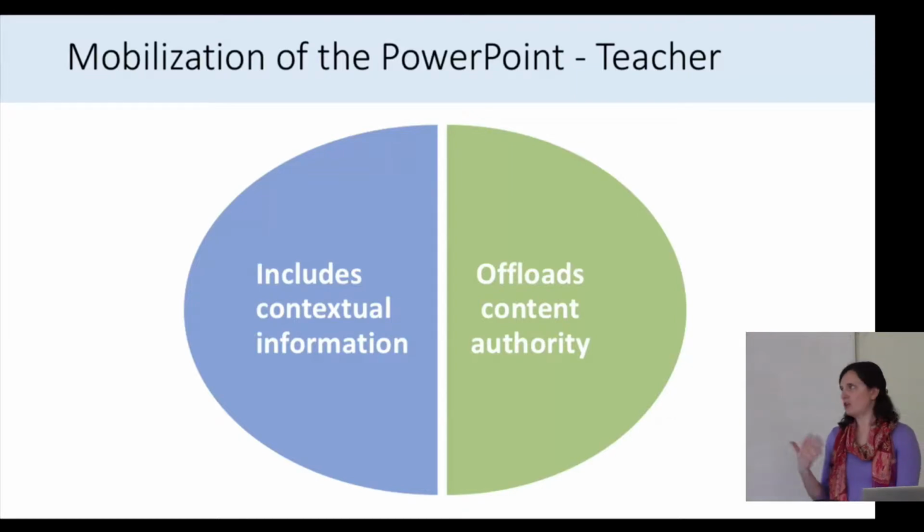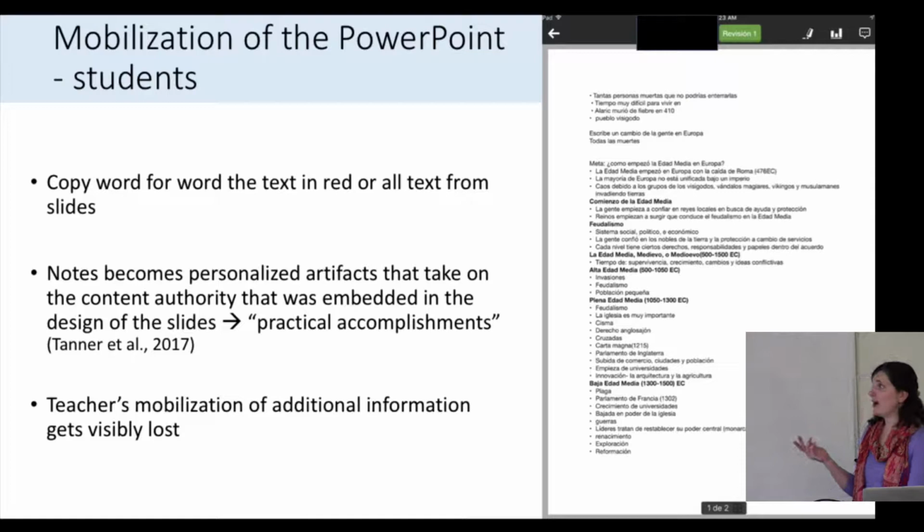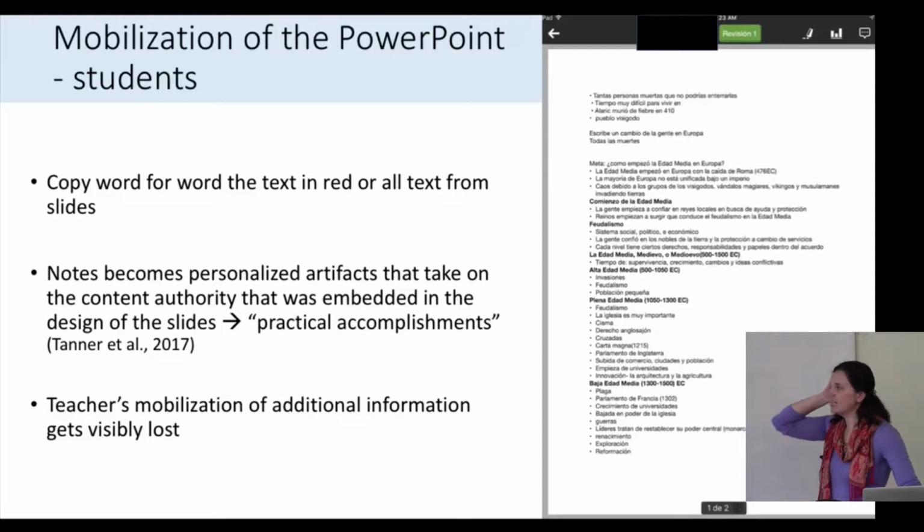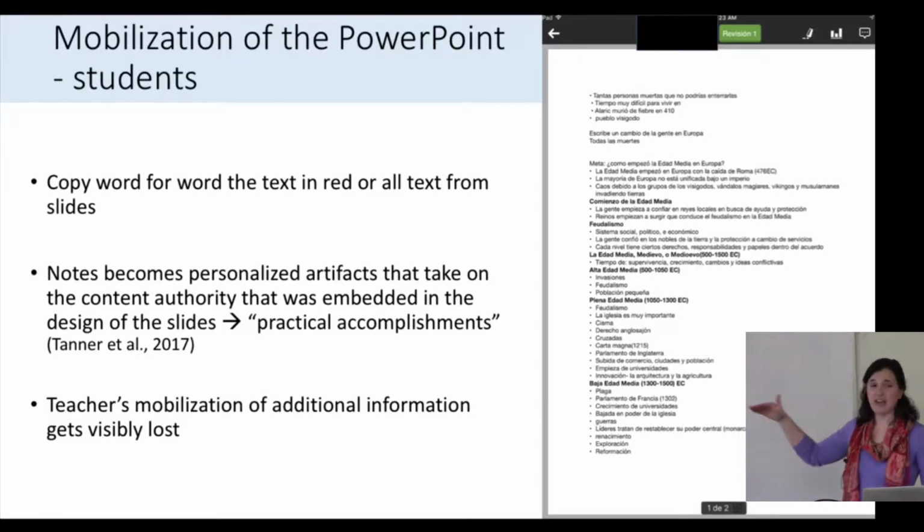What's interesting then, though, is how the students mobilized the PowerPoint, which maybe unsurprisingly, they copied word for word from the text, or the text in red. As you can see in this student example, even not knowing what those slides looked like, they have copied the exact bullet points down exactly as they were. And so these notes become what I'm calling a personalized artifact that then takes on that content authority.